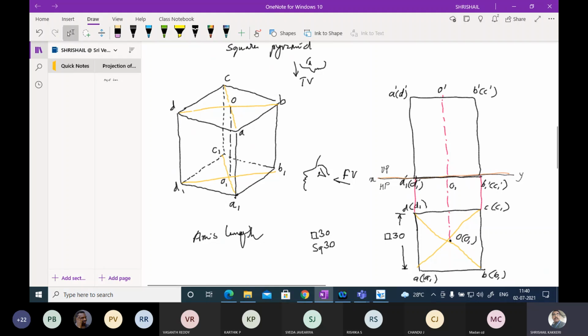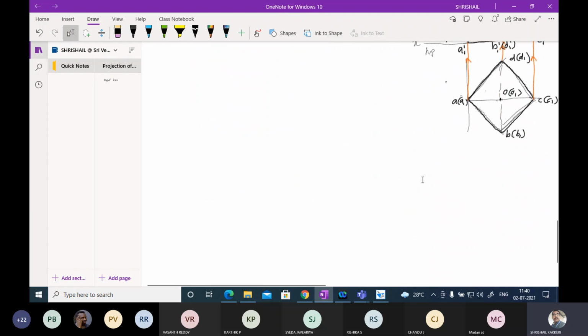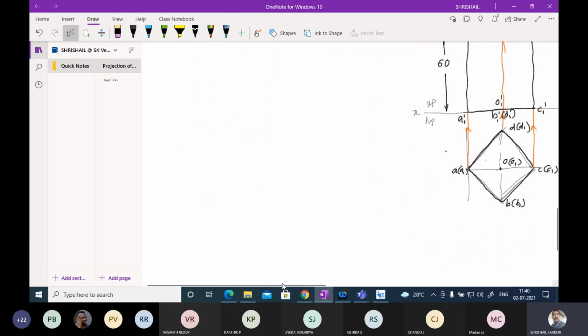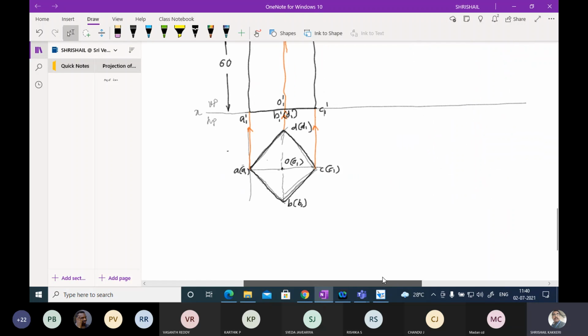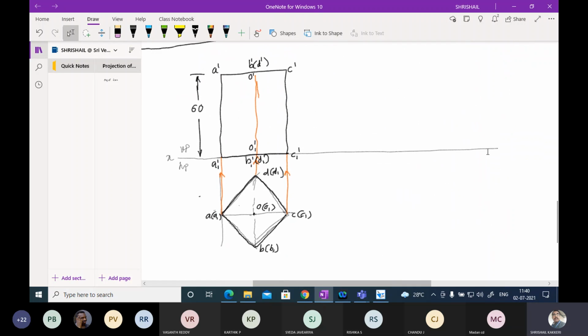If you look from the front, we have A1, and back side or rear side we have D1. Similarly, B1 in the front and C1 in the back side. In the similar way, the same concept I am going to apply here.